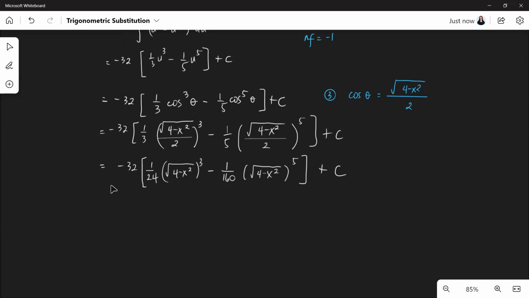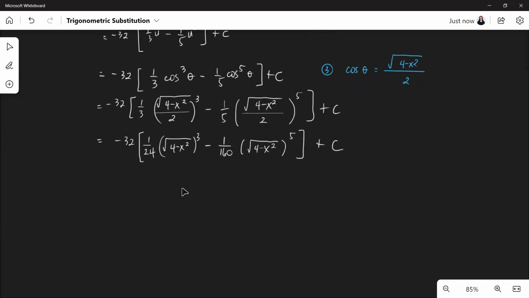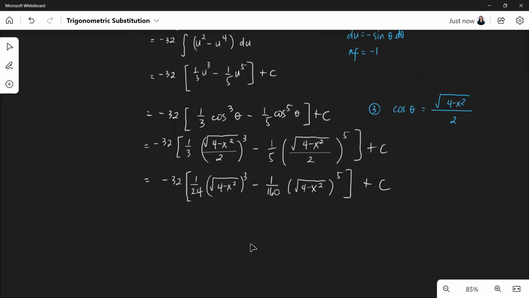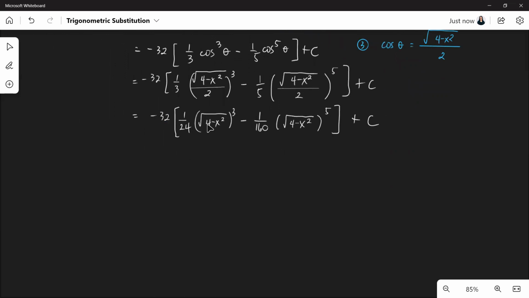So you can have this as the final answer, or distribute the negative 32 to each of the terms here, or some would factor out the common factor, cosine cubed. You can also do that, as long as it would be equal to this expression.